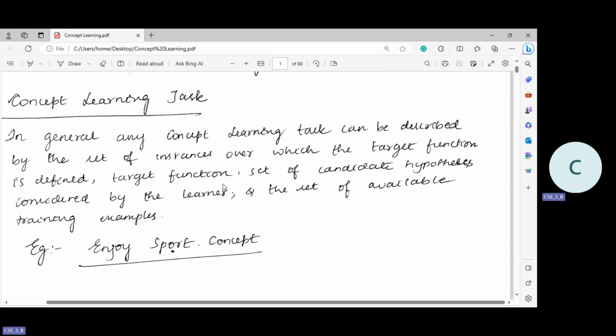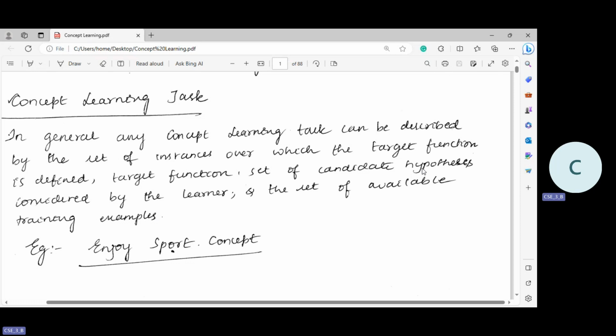Now how do we relate concept learning to a task? In general, any concept learning task can be described by the set of instances over which the target function is defined. What is the target function? The target function is defined along with the set of candidate hypotheses considered by the learner and the set of available training examples. Candidate hypotheses are those not yet approved or proved.